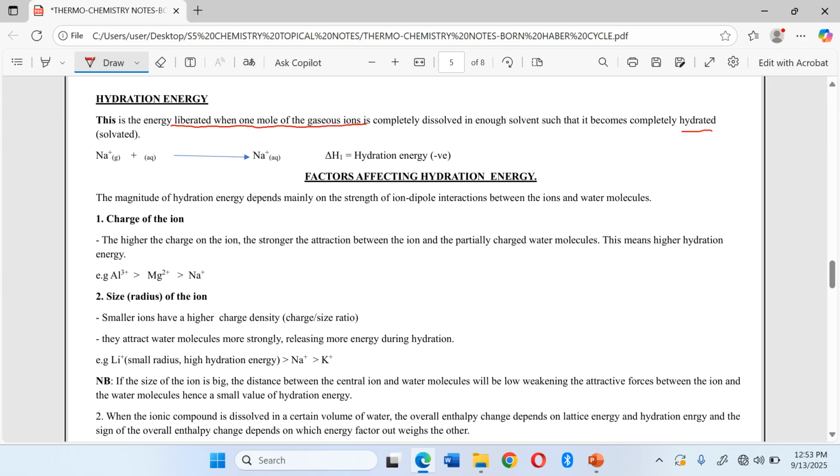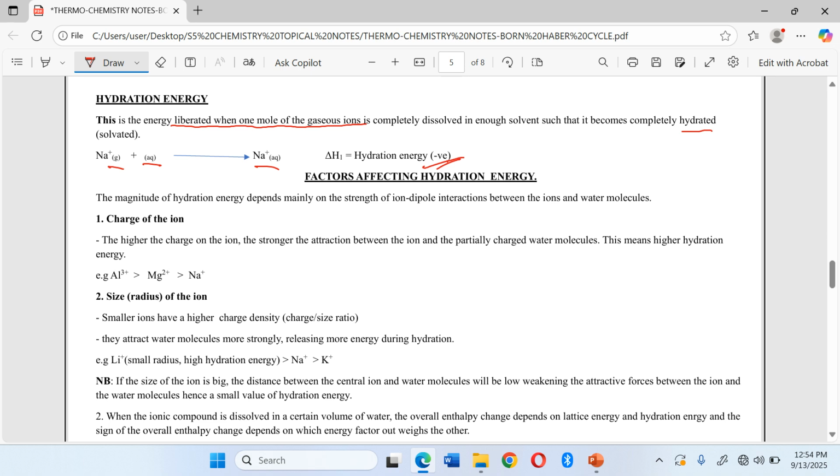So here we're looking at a gaseous ion dissolving in water, a solvent, to form aqueous ions. So here we are moving from gaseous ions to aqueous ions. That is hydration, and they're saying typically it's always negative. So, factors affecting hydration energy: we have only two majorly which affect.